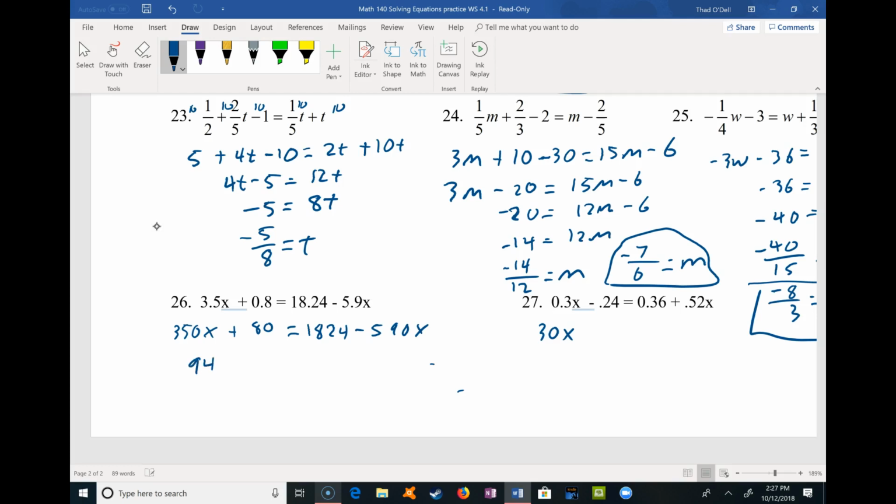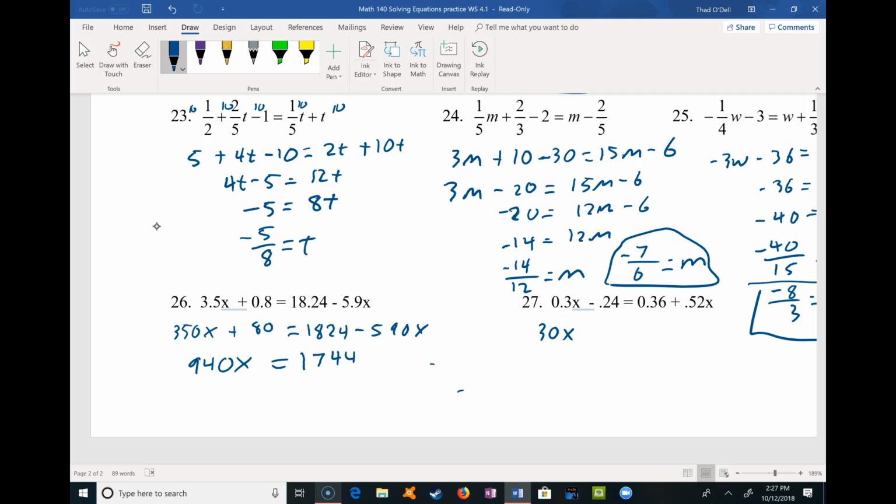So this would be 940x. That's going to be subtracted 80, so that would be 1764? All right. Subtracting 80 from 1824 would be 1744. Okay.